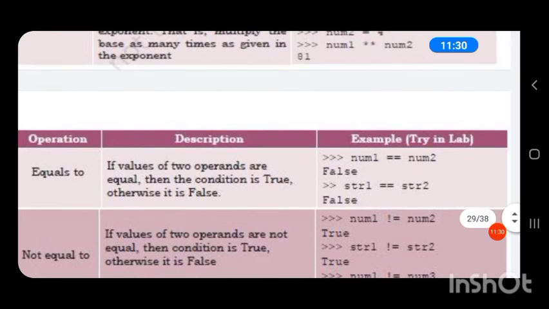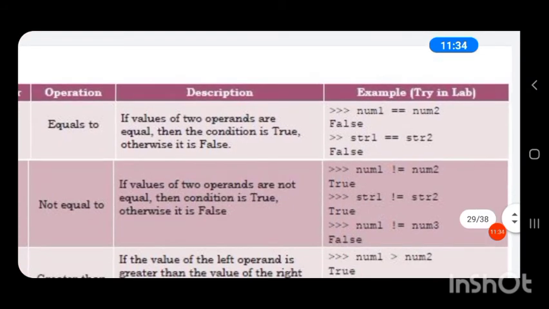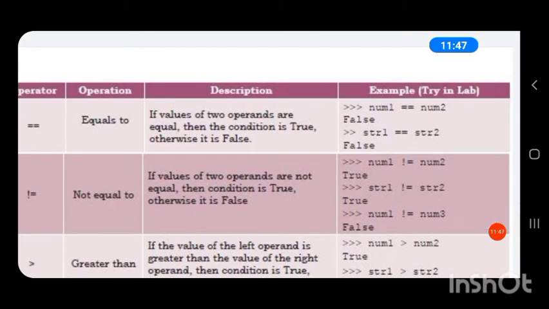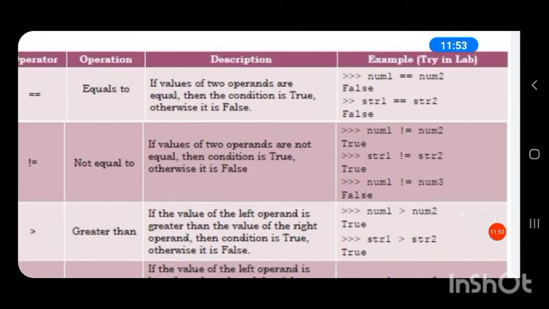Then we have strings. If two strings are equal, then it returns true, or if two strings are not equal, then it returns false. So if any operands are equal, then it will return true, and if any operands are not equal, then it will return false.